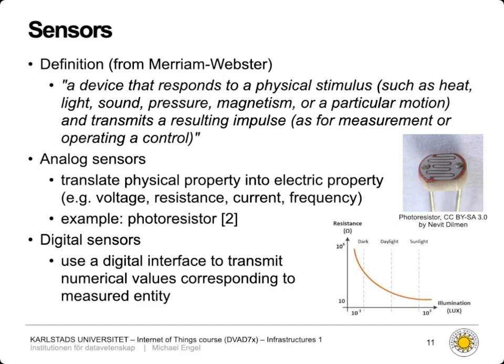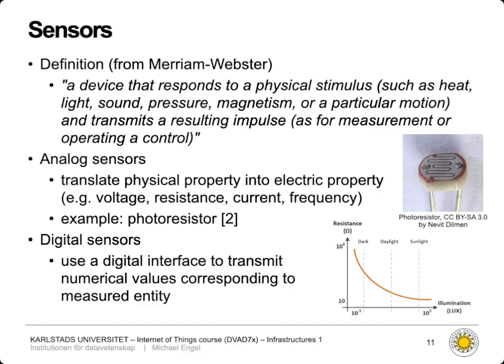So for example, you could translate a temperature between 0 and 100 degrees centigrade into a voltage between 0 and 5 volts. So you would still need an analog to digital converter in your microcontroller in order to read this voltage and to get a number out of this.